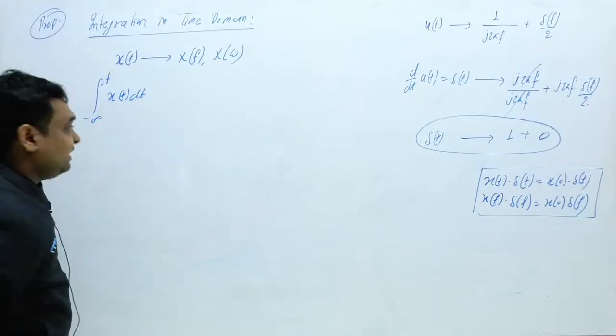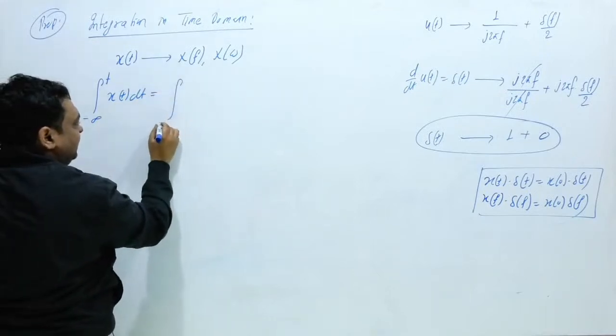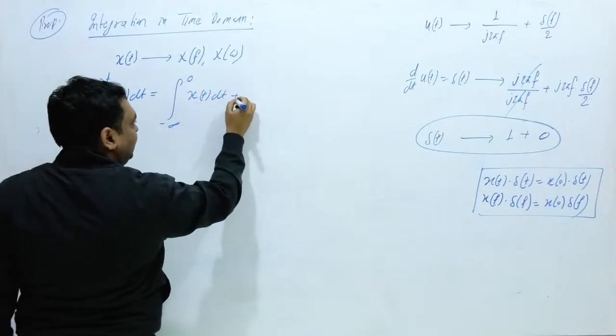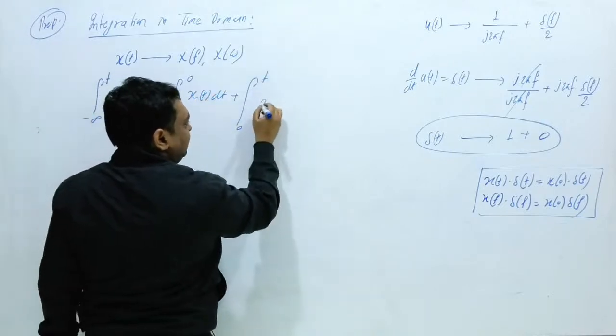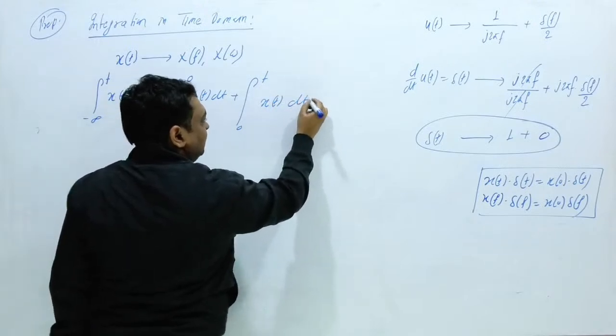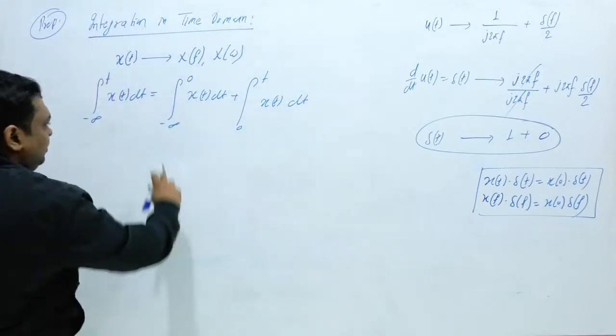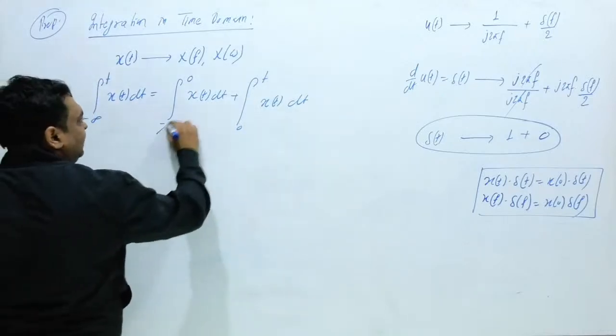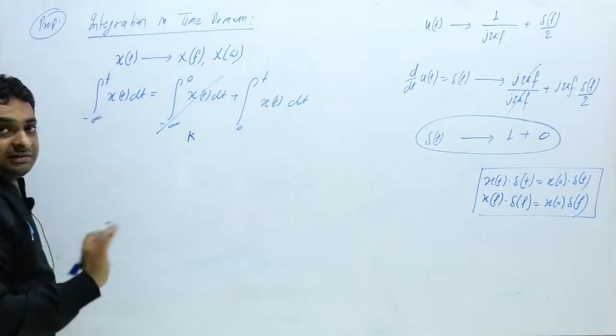This value you can also write as the integral from minus infinity to 0 of x(t) dt plus the integral from 0 to t of x(t) dt. Can I write it in this way? And suppose this first quantity we call k.